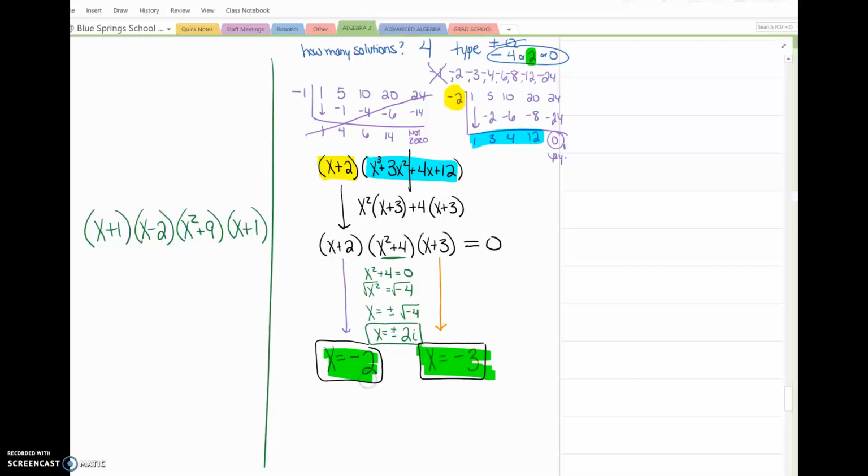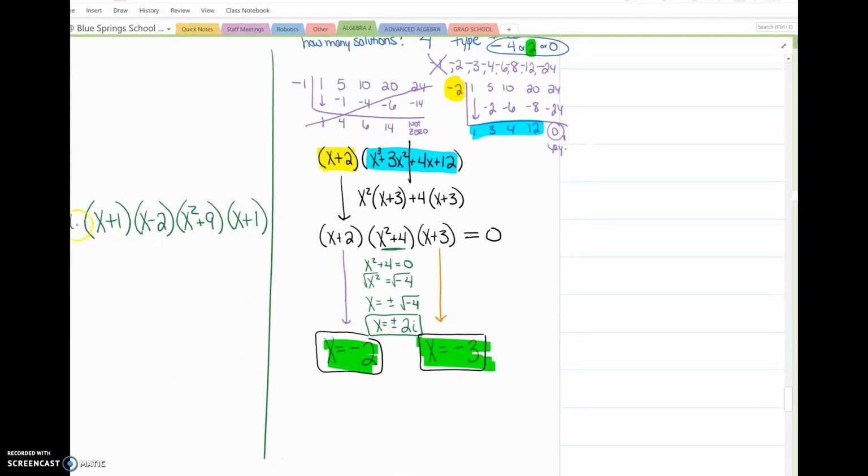So 0 equals x plus 1, x minus 2, x squared plus 9, x plus 1. X plus 1, what's the solution there? Negative 1. X minus 2, the solution is positive 2. X plus 1 at the end, the solution is negative 1.